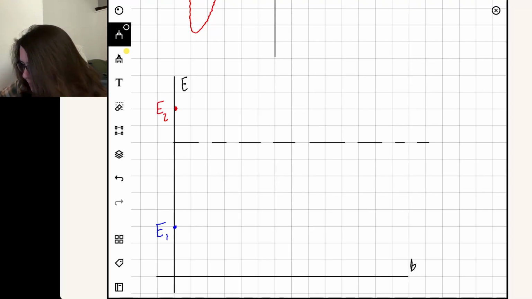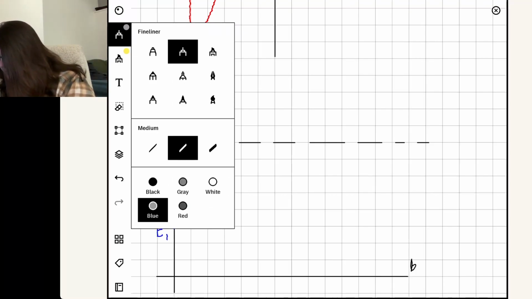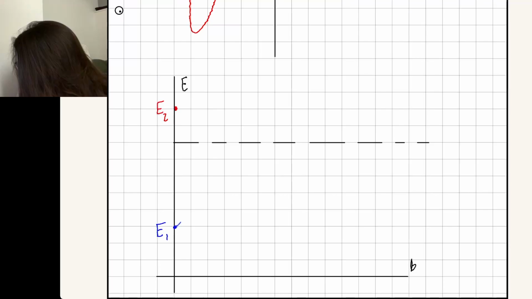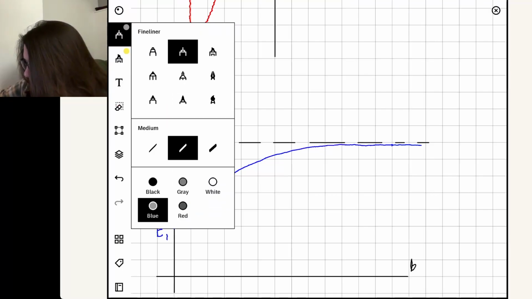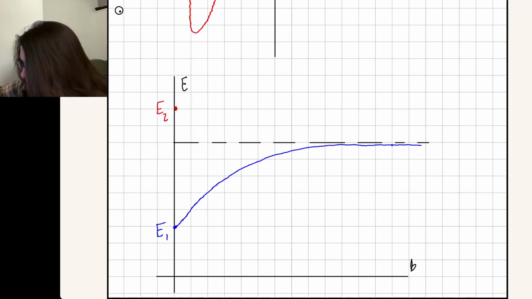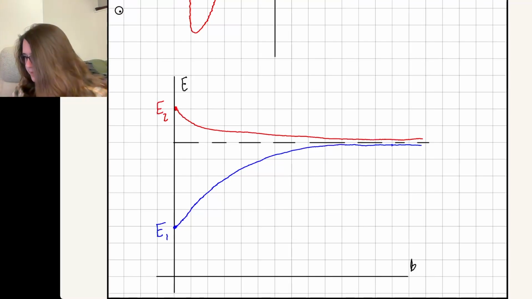And then it's going to be an asymptotic behavior. So it's going to look like this, just kind of approaching the line but never really touching it as it goes off into infinity. Same thing for E1, becoming closer and closer asymptotically. Okay, so that's kind of the energy graph.